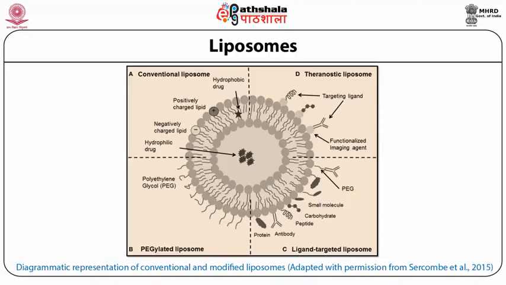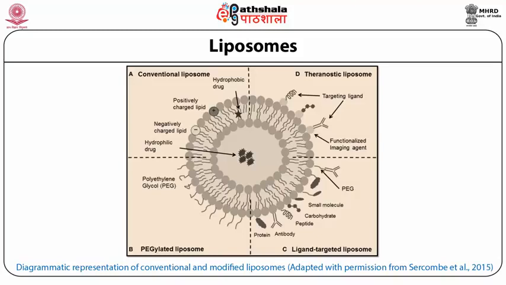Phospholipids basically have the polar head group as well as the hydrophobic tail groups, and liposomes mostly have a bilayer of these phospholipids. So these bilayers have hydrophobic properties, and in the center you can say there is an enclosed aqueous environment.